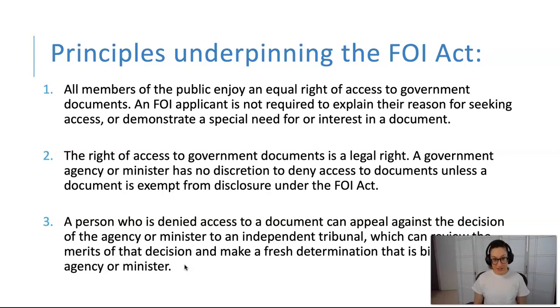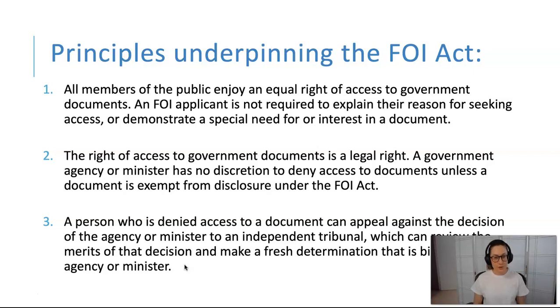A government agency or a minister has no discretion to deny that access right except as dictated by the FOI legislation. So there are certain sections in the legislation which provide grounds for refusal or provide that some documents are exempt from the regime, and we will look at those in a moment.